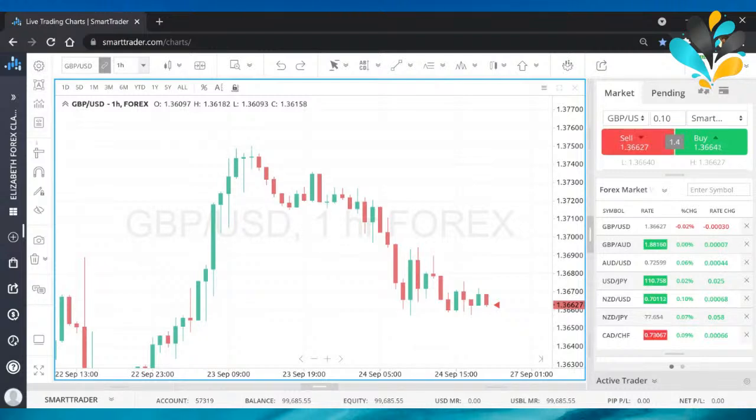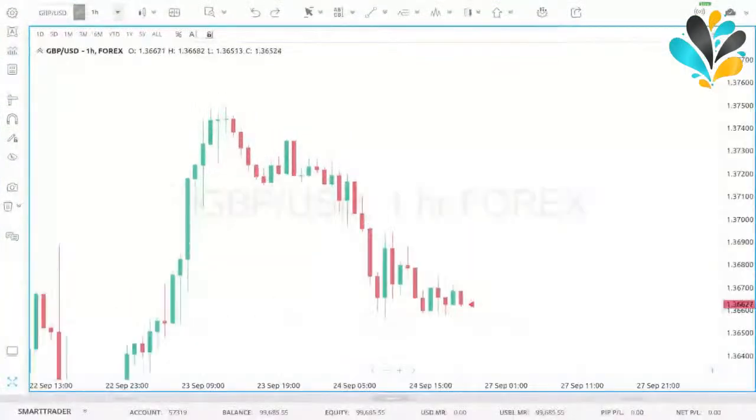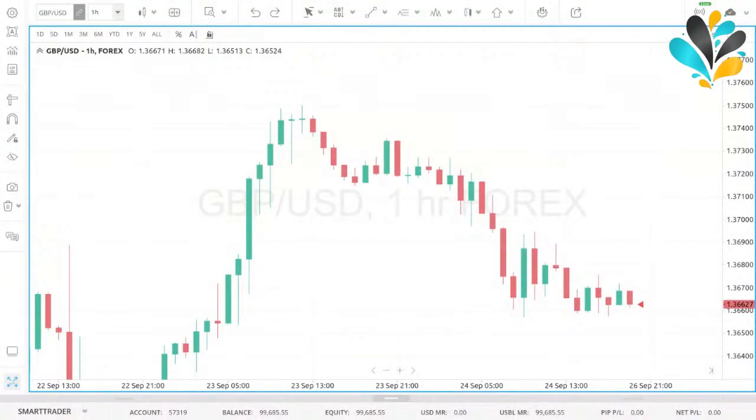All right, so on the left-hand side of your workspace, you will find a full screen icon. So you can actually have your screen just covered with the chart, nothing else to distract you.